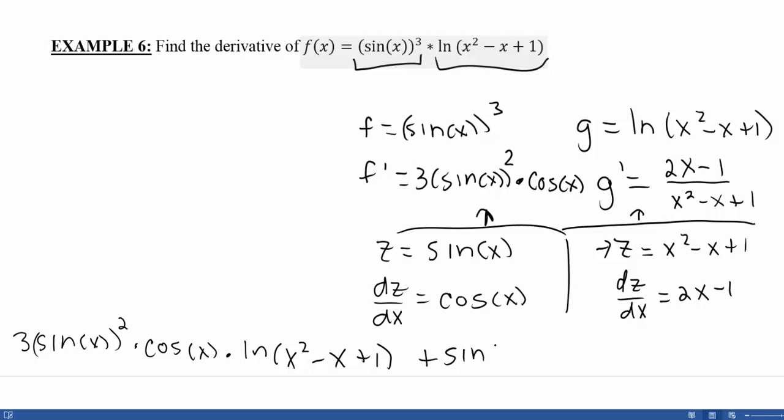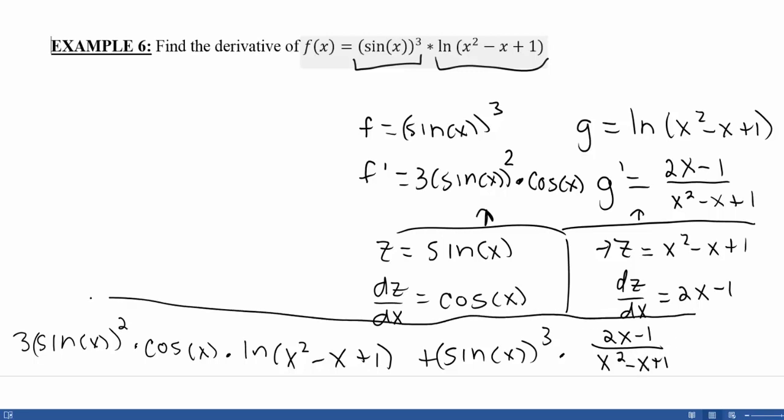So sine of x cubed times 2x minus 1 over x squared minus x plus 1. So my derivative looks like this big, huge, long function.